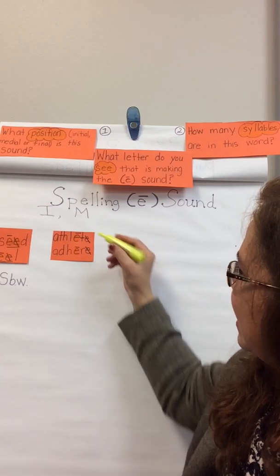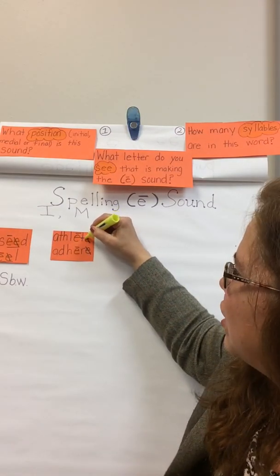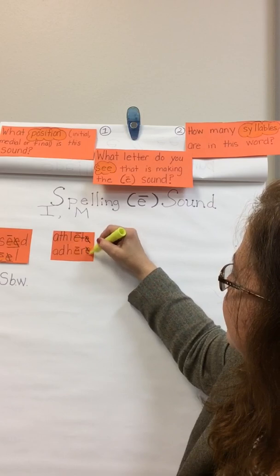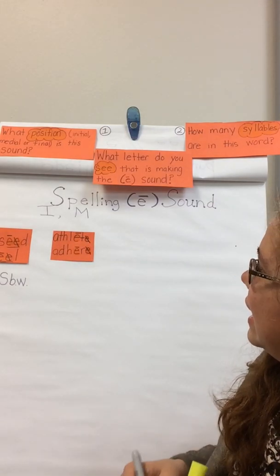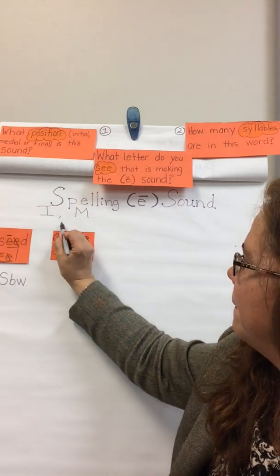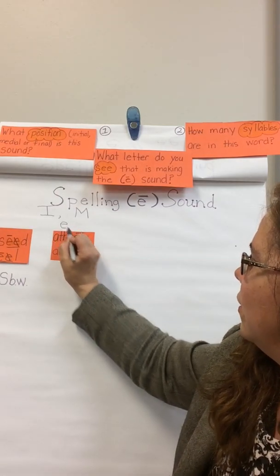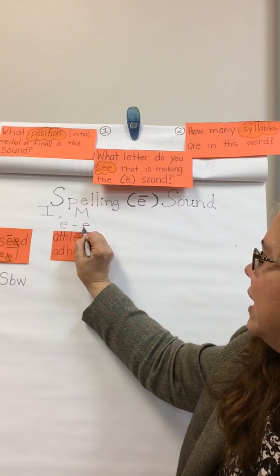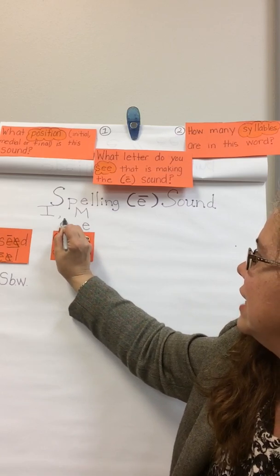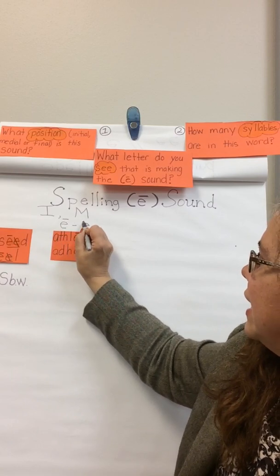Let me go ahead and highlight that second E even though it's silent. Okay, so we see an E, we see a consonant, and we see a final E. And that first E is long and that second E is silent.